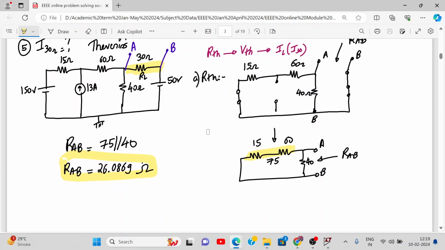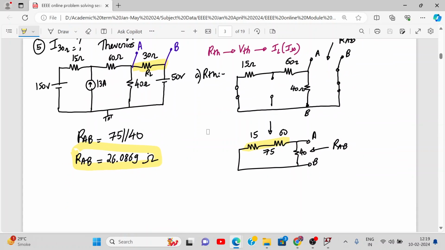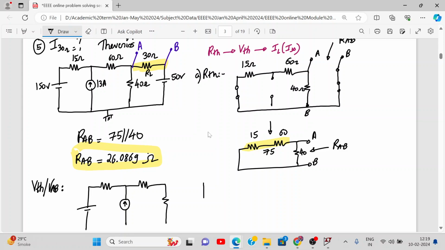Next, we need to find VAB, that is VTH. What do we do over here? Just remove the load RL and redraw the circuit. So I'm redrawing the circuit just by removing the load RL.